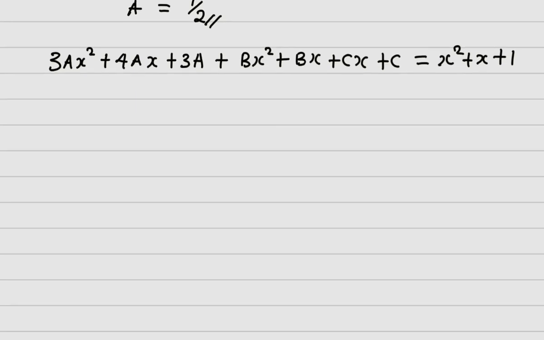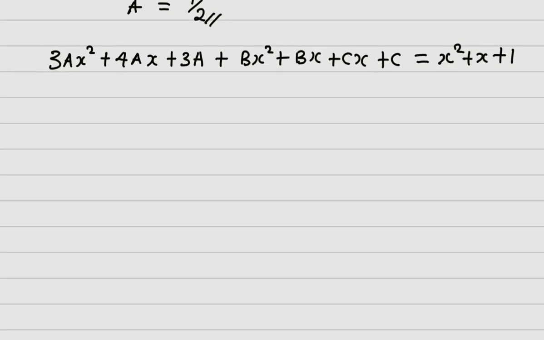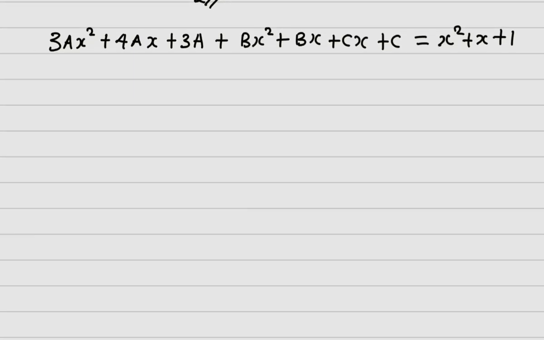Now, since I have this, I will now continue like this. I'll bring out the coefficient of x squared. Now, coefficient of x squared here is 3a plus b will be equals to, what is the coefficient of x squared here, is 1. So I'm going to have this one as my equation 1. Then I'll go to coefficient of x.